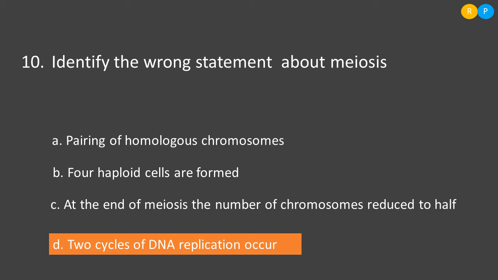This is the wrong statement with respect to meiosis, because DNA replication takes place only once during meiosis. That means before meiosis 1, replication of DNA takes place, but before meiosis 2, replication of DNA does not take place. Clear, right? So the statement given is wrong, and the answer for this question is option D.